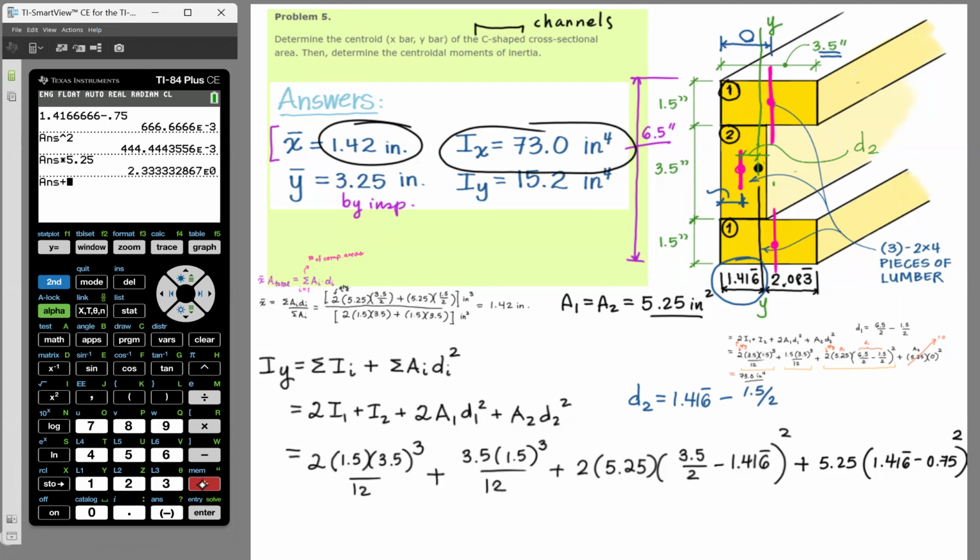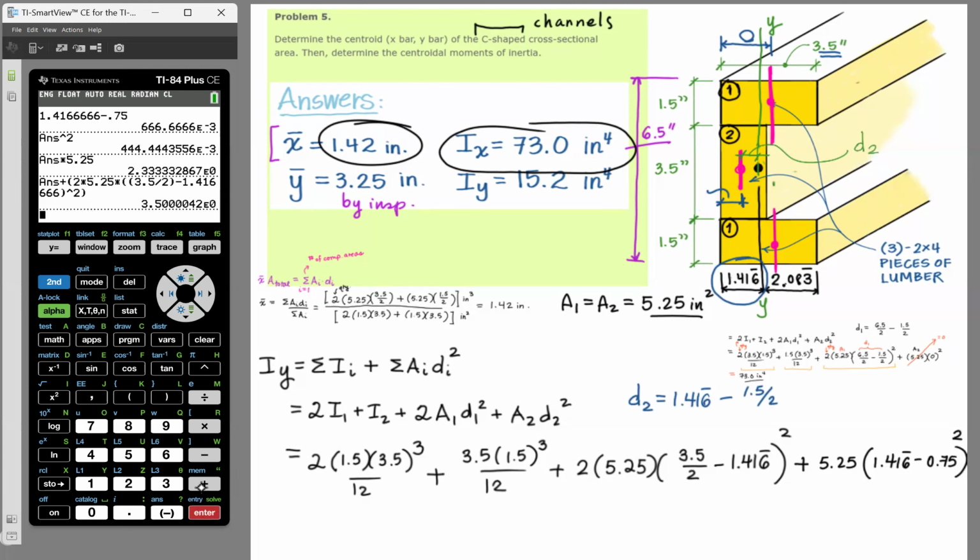Okay, add to it the next term: open parentheses 2 times 5.25 times open parentheses 3.5 divided by 2 minus 1.416666, and I want all that squared. I'm going to look at this one real quick and make sure it looks good. Looks good. Enter.